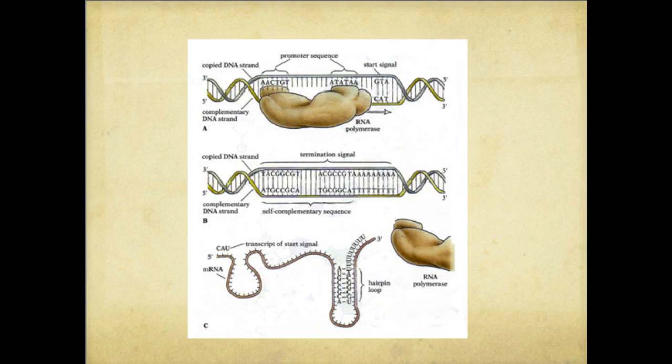And in the bottom panel, you can see the mRNA that's produced has started to bind back on itself and produce a hairpin loop. That hairpin loop that gets made as a product from the termination signal on the DNA does not fit well into the enzyme, and so the enzyme lets go of it and transcription terminates.